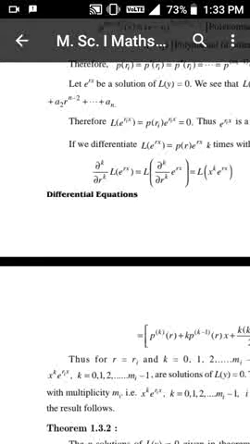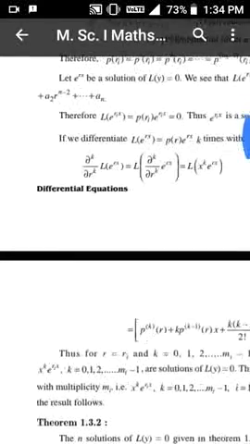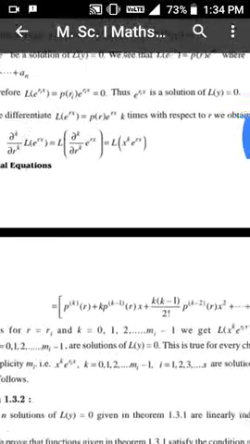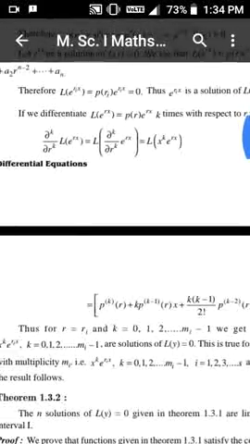Therefore, L of e raised to R1x is equal to P of R1 e raised to R1x, which is equal to 0. Thus, e raised to R1x is a solution of L of y is equal to 0.